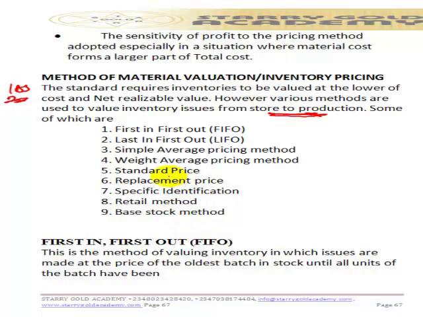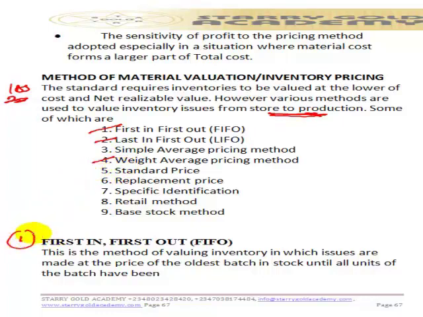These are some of the methods used in valuing inventory, but usually for exam purposes, the first three are the most preferred and common methods that are usually examined under exam conditions. But we will try and look at different methods as much as we can in this lecture.